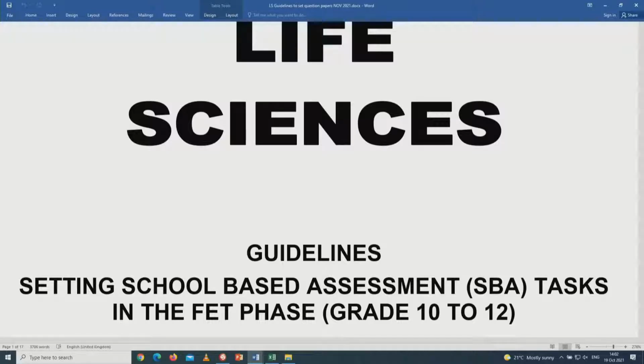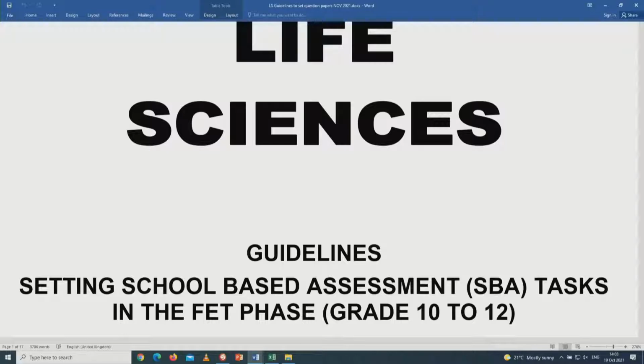Today we're going to recap that, but also combine it with the use of the computer in setting these papers. In other words, the first section is a quick recap of the guidelines that you need to use and things that you need to concentrate on when setting papers.